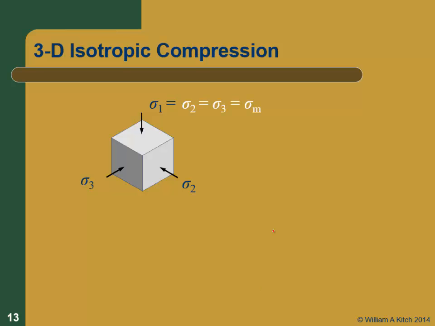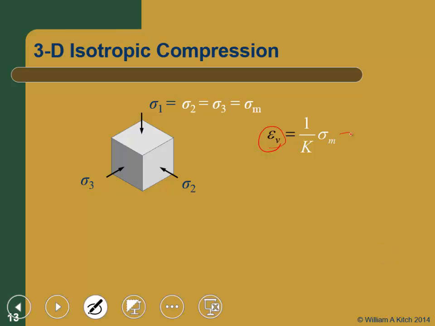So in 3 dimensions, I just said this, but we looked at it in 2 dimensions. In 3 dimensions, isotropic compression, sigma 1 is equal to sigma 2 is equal to sigma 3 is equal to the mean stress. And in this case, the relationship between the volumetric strain, this is not the strain in the x, y and z directions, this is the total strain of the change in volume. So the volumetric strain is equal to delta V over V0.